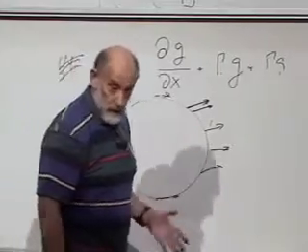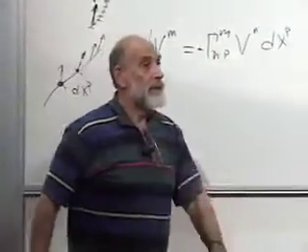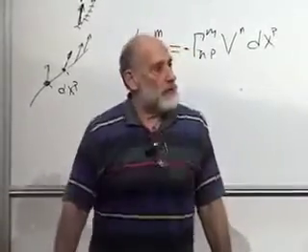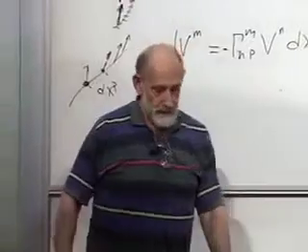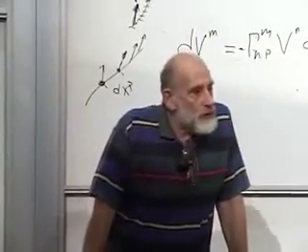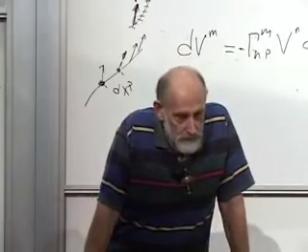That's called parallel transport. ds is any parameter along the curve. It's canceled out of this equation here. So there's a notion of parallel transport along a curve.